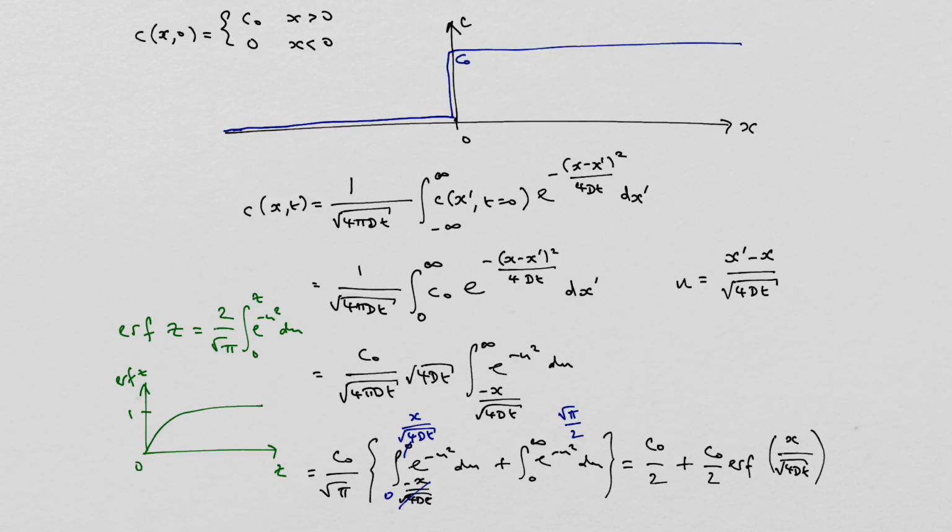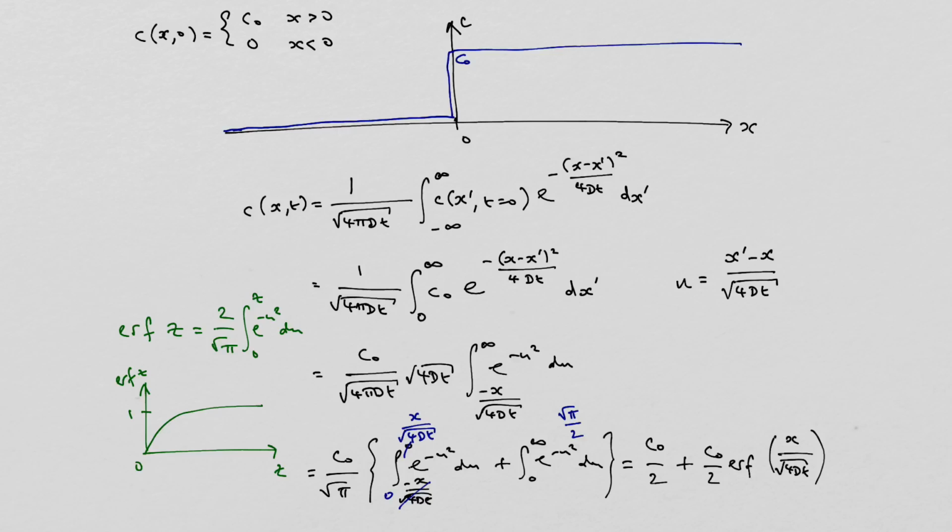Because if z is small, then u is always small, so e to the minus u squared is about 1, and therefore the integral is just z. So it's z, and actually you can tell the slope is 2 over root pi. Easy. And then as z goes to infinity, we know that it just goes to 1 asymptotically, so it has to look like that. So it's not a particularly interesting function, actually. But there we go.